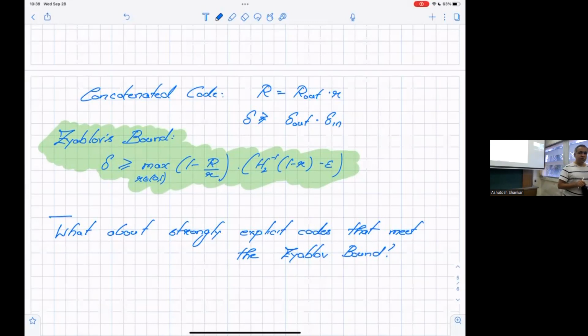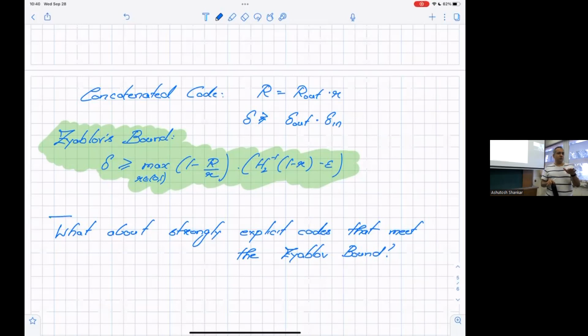Right now, all the operations you are doing deteriorate both rate and distance. So the question is, can you improve one at a slight cost to the other, so that you can push back up a little of what you lost from code concatenation? We still don't have fully satisfactory answers. Who thinks that eventually, with recursion and no brute force search, you can come to a very good code?